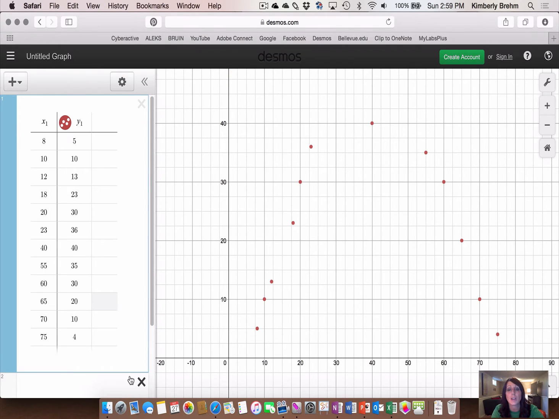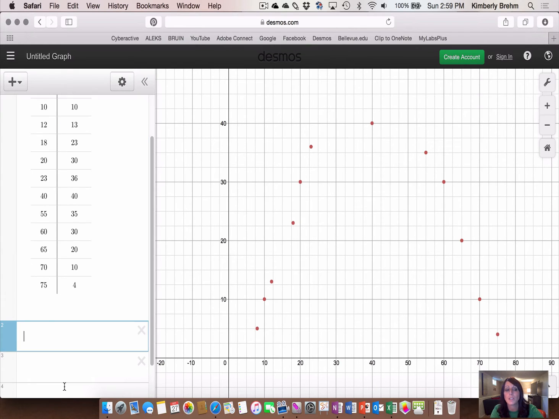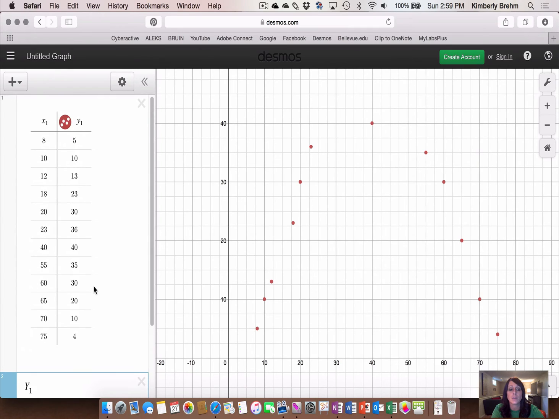Now that I have my scatter plot, I want Desmos to do all of the hard work, but I have to tell Desmos what to do. So on my next line, I'm going to start the standard form of a quadratic function, which is y equals ax squared plus bx plus c. Instead of y, I'm using y1, so that Desmos knows to use the values from y1.